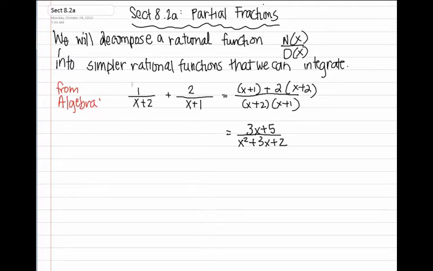Now what if I were to say integrate this function? It's kind of hard, right? However, if you had known these two separate smaller fractions and I had said integrate this, that would be a whole lot simpler, because what would this give us?